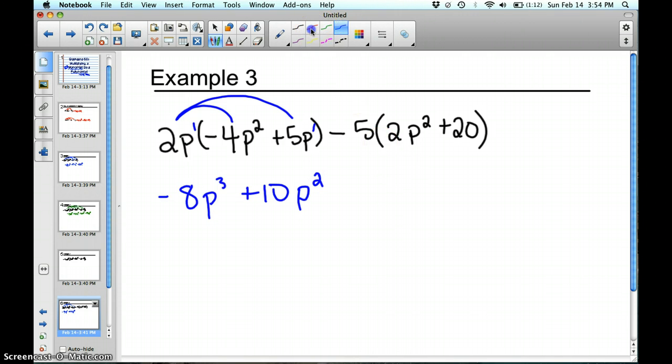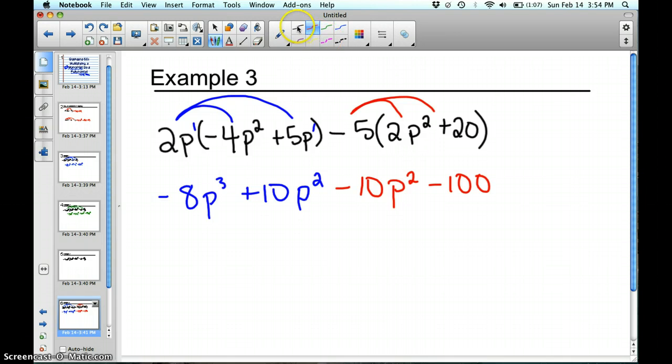And then I also need to multiply this negative 5 here. Use that subtraction sign there like a negative. So negative 5 times 2p squared, that's going to give me a negative 10p squared. And then negative 5 times 20 is going to give me a negative 100.